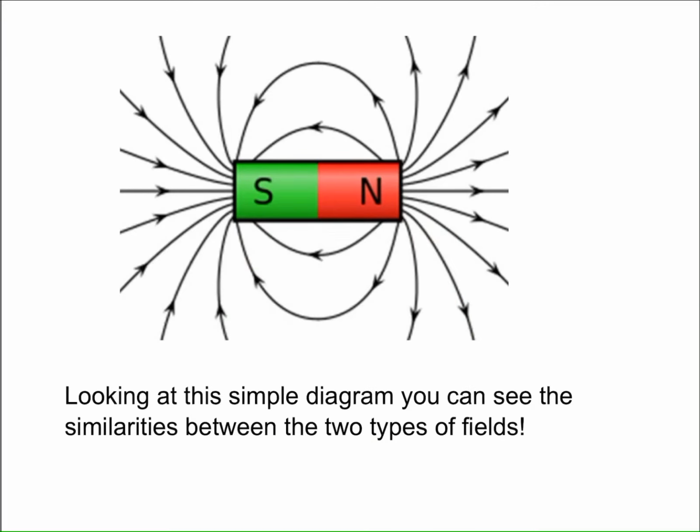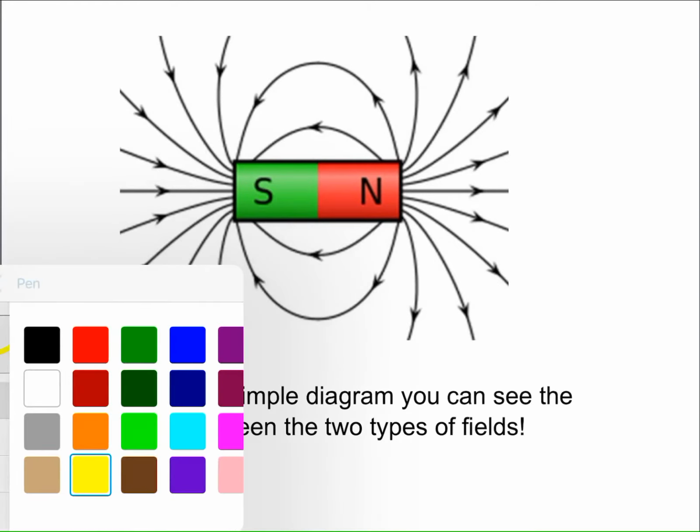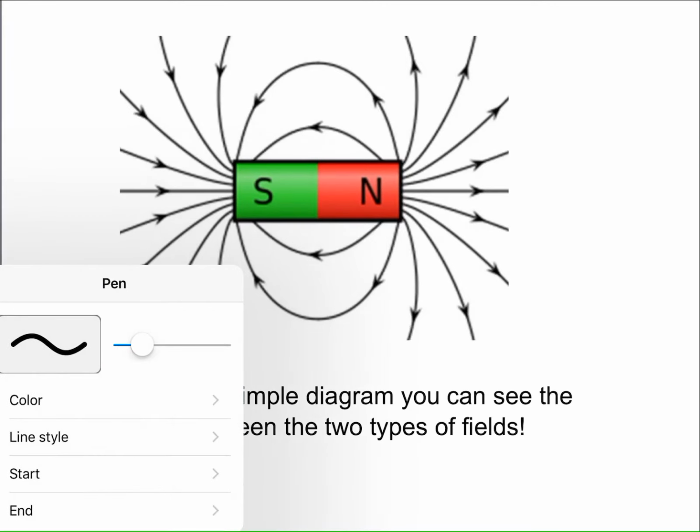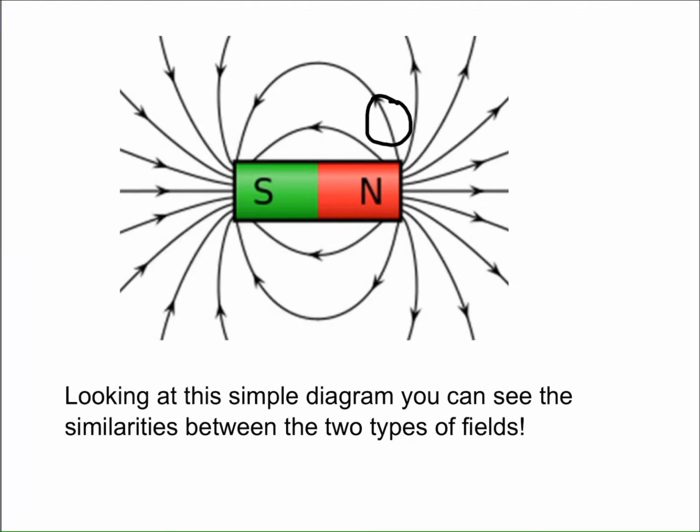Now, let's look at this diagram for a second and we'll discuss it. So if I were to place a compass here, the north side of that compass, the north needle, would face away from this north, right? And the south would be attracted to this, so it would point towards it.